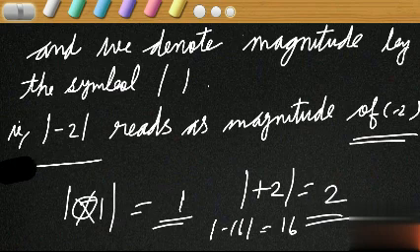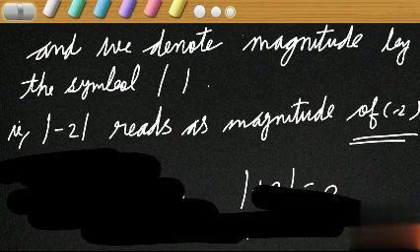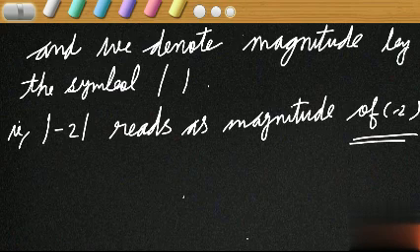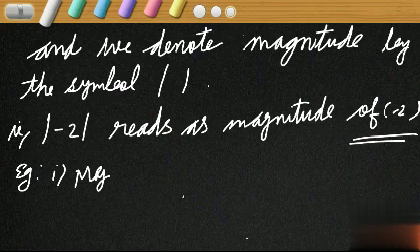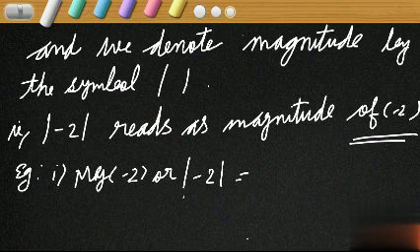Okay. Please write down. Example. First one: magnitude of minus 2 is equal to 2.